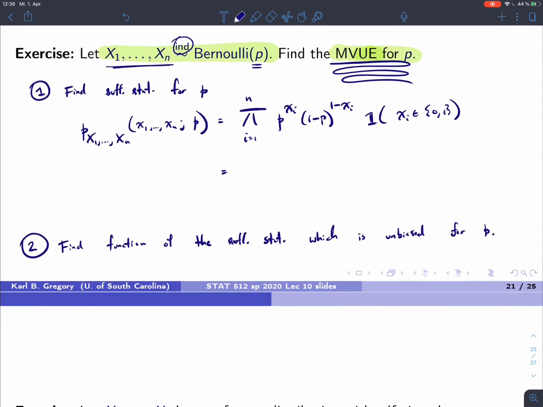If we simplify, this is going to be p raised to the x1, 1 minus p raised to the 1 minus x1 times an indicator of whether x1 is equal to 0 or 1, all the way out to p raised to the xn, 1 minus p raised to the 1 minus xn times an indicator telling us whether xn is either 0 or 1.